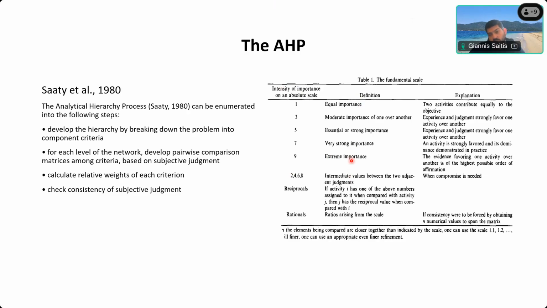So if you are not an expert on a specific subject, then you may not have good accuracy. But the good thing is that in this kind of model, at the end, you have a validation process.